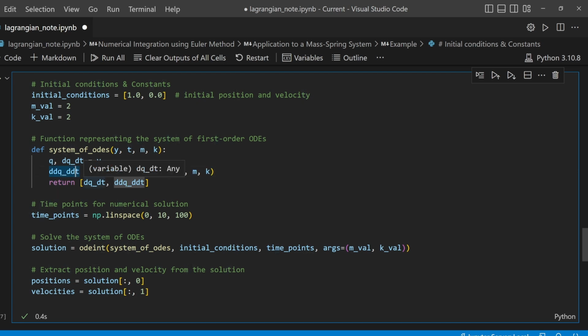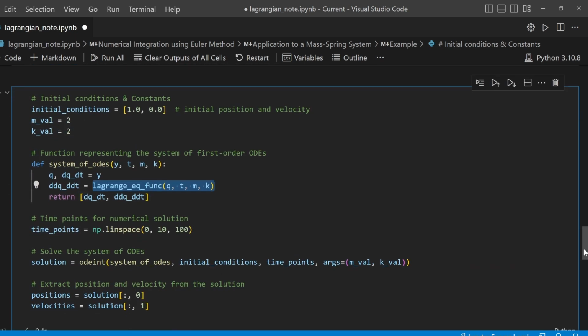Alright. So initially y will be equal to [1, 0]. So this will be 1 and then 0. We replace these here, and then we return the velocity and the acceleration. So dq dt, and then d2q dt2. And we basically do this over and over again until we reach all the time points.